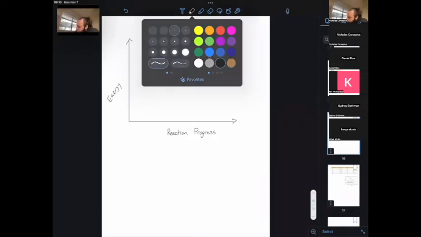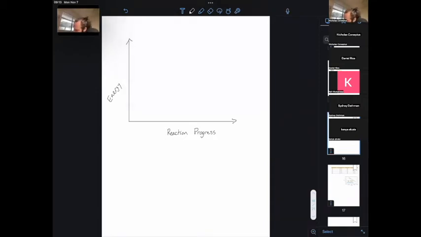This is the reaction progress diagram, and there are these curves that look kind of flat here, then they go up, come back down before leveling off.